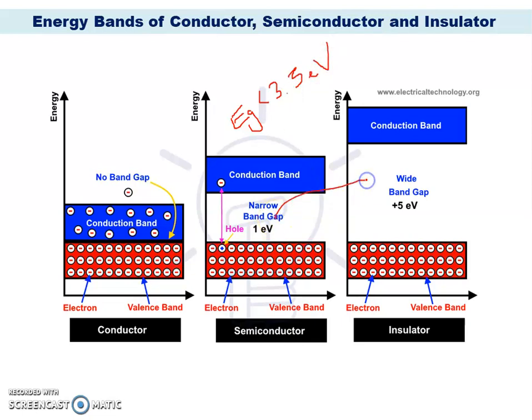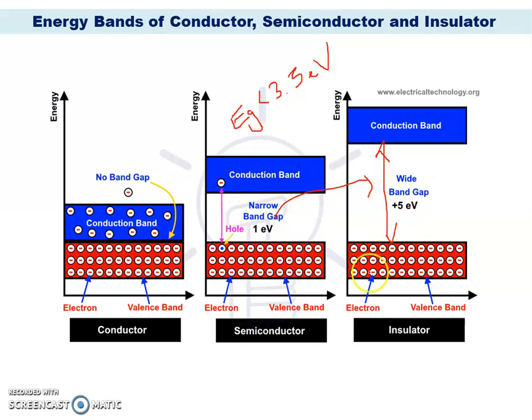If the energy gap is greater than 3.5, then it ends up as an insulator. Here only few electrons are available in the semiconductor because these are thermal electrons. The electrons are excited from the valence band to the conduction band because of the thermal energy available from our surroundings.